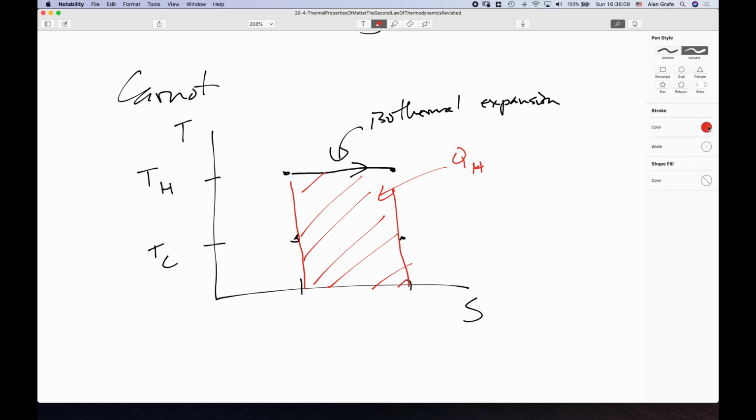He then also realized that when you want to connect to the cold reservoir, you can't have any pussyfooting about it. You have to do an adiabatic process when you disconnect from the hot reservoir and connect to the cold reservoir. This turns out to be an adiabatic expansion.